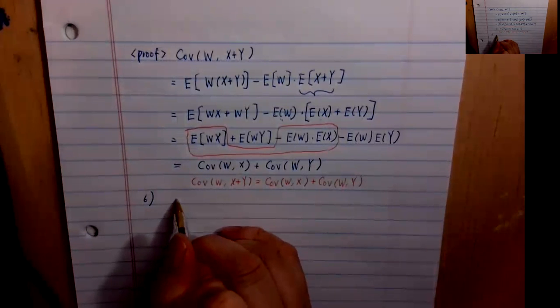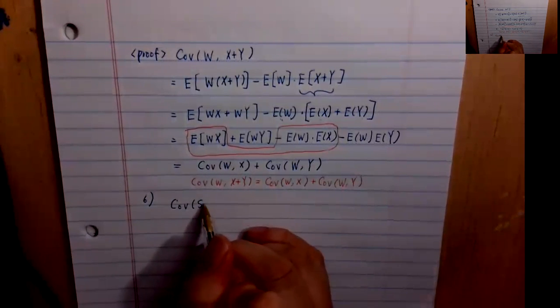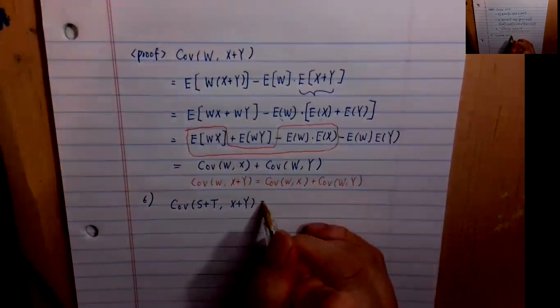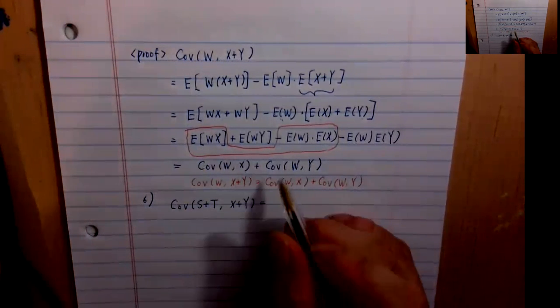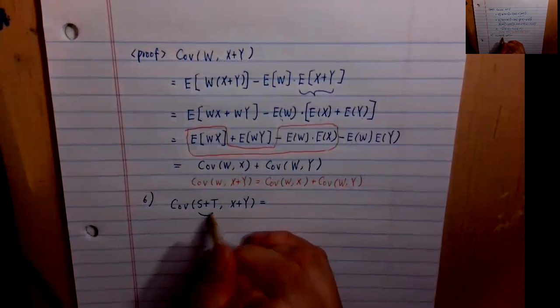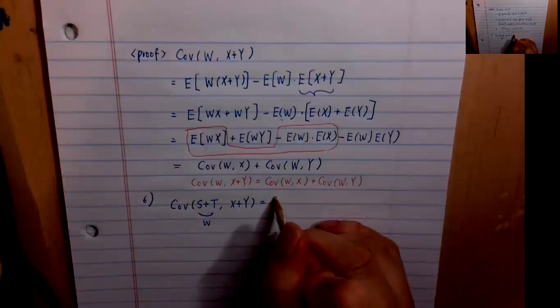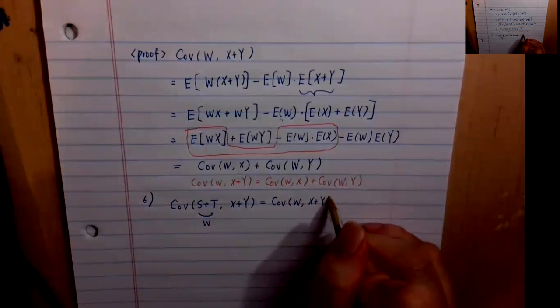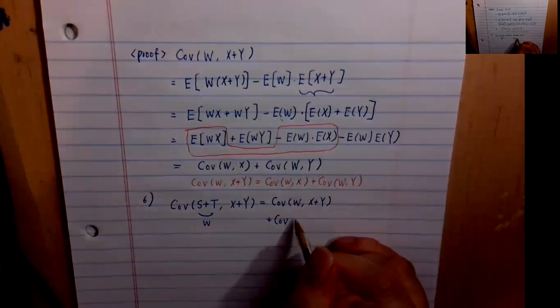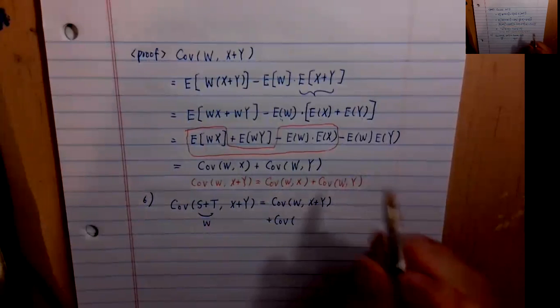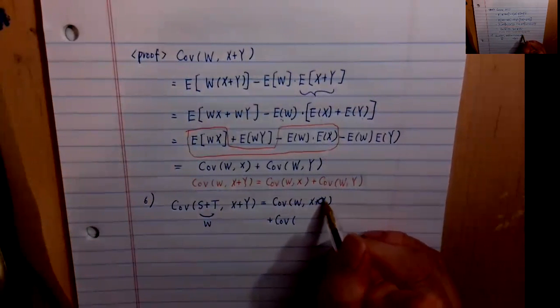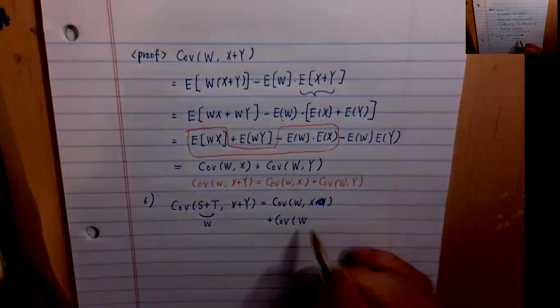Next property, property 6. Covariance of S plus T and X plus Y. By using property 5, calling this W, we can get covariance W and X plus Y, which is covariance WX plus covariance WY.